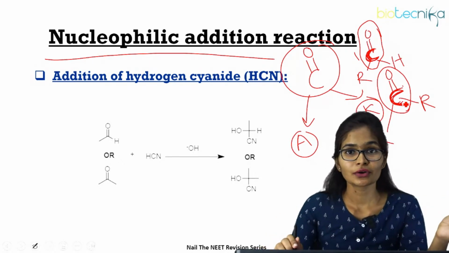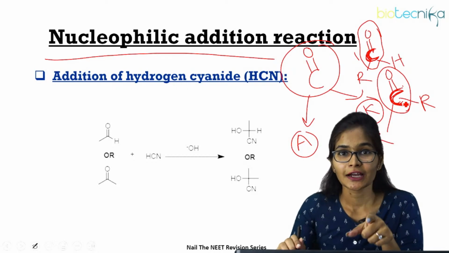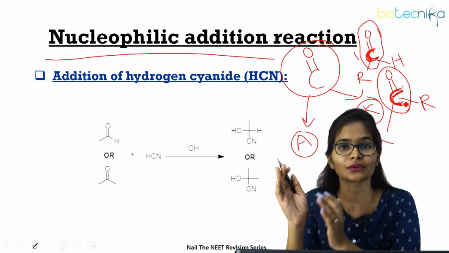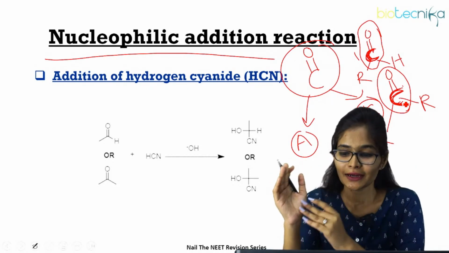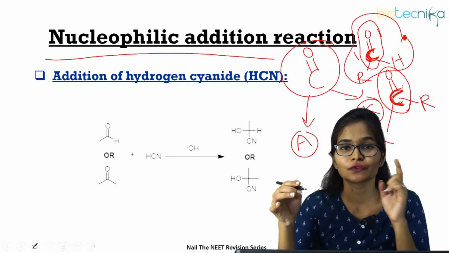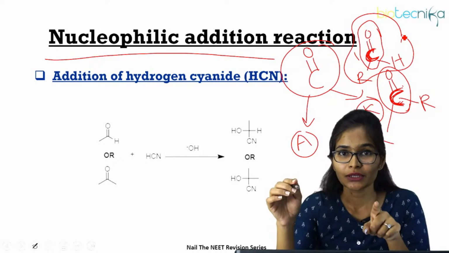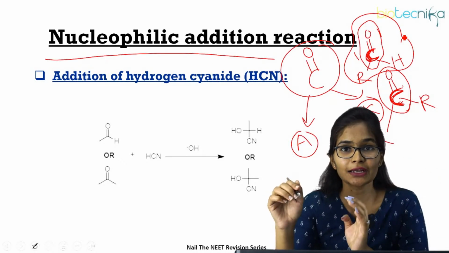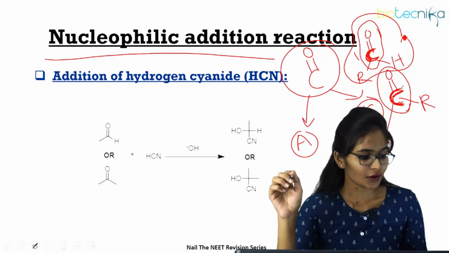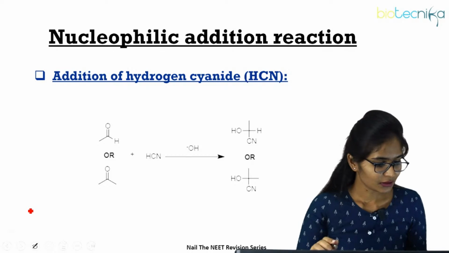To carry out nucleophilic addition, the carbonyl carbon has to be electron deficient; then only the electron-rich species will attack the electron-deficient part, right? That's why the aldehyde's reactivity is always more than that of the ketone. Keep this in mind, and let us start with nucleophilic addition.